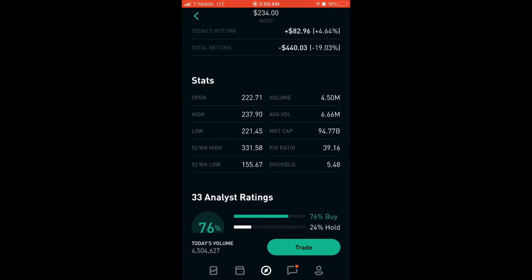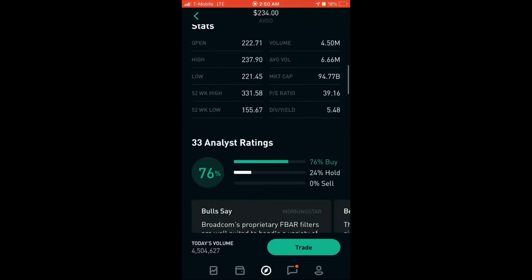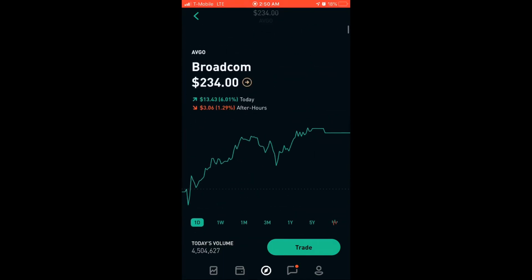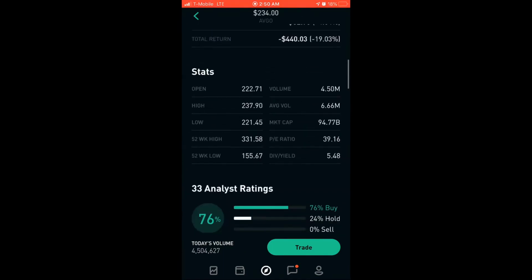If the forward PE ratio doesn't decrease, then the company is overpriced. But right now, the company should be trading at a fair value of $310 and it's trading at $234 with a dividend yield of 5.48, which is really good. If you look at the history of the dividend yield of Broadcom, you're gonna see that this is the highest dividend yield this stock has traded at.